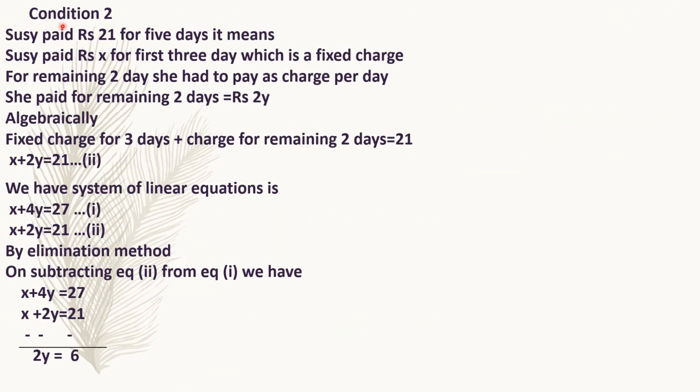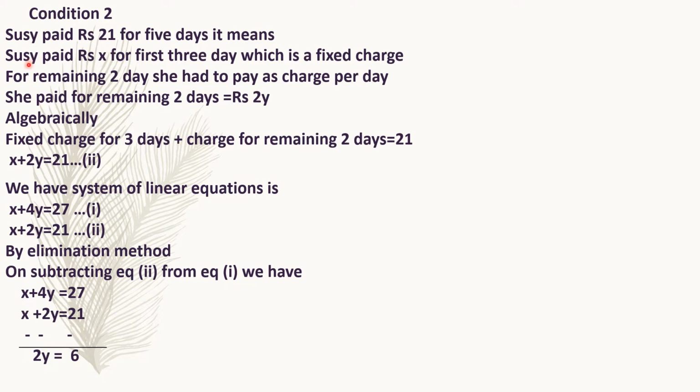Let us come on condition number 2. In condition number 2, it is given that Susy paid rupees 21 for 5 days when she kept the book for 5 days. It means in total bill of 21, we know that there are two charges. A fixed charge for first 3 days, and there is a charge for each additional day after 3 days.